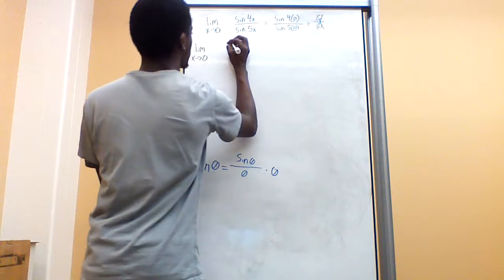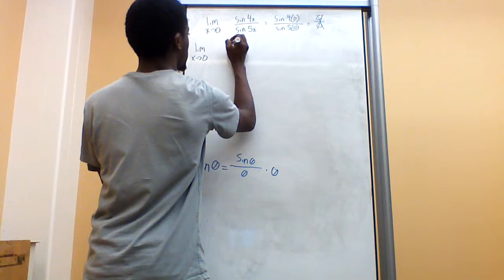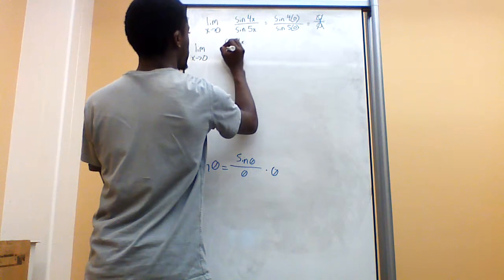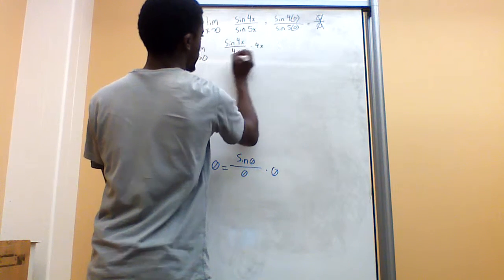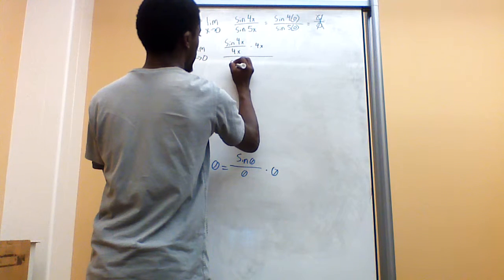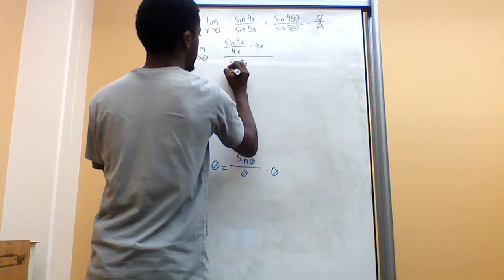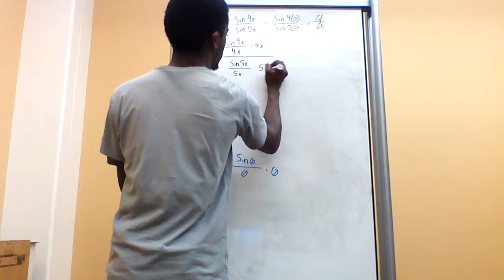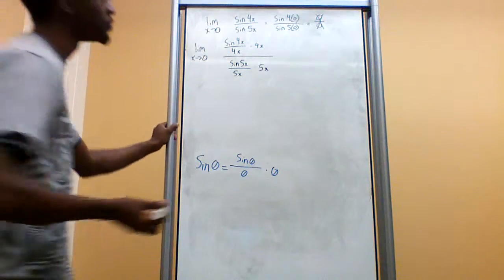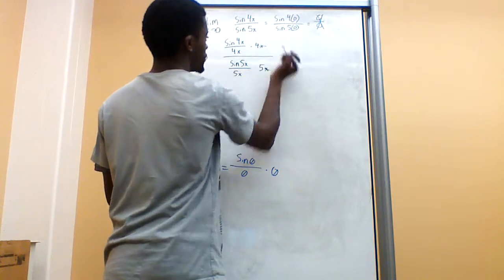Okay, so this is going to equal sine 4x over 4x times 4x over sine 5x over 5x times 5x. Okay? Your x's are going to cancel out.